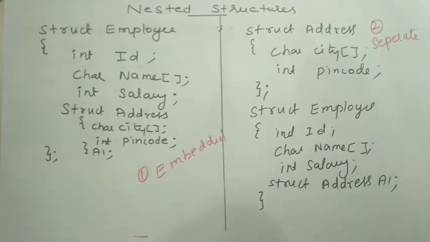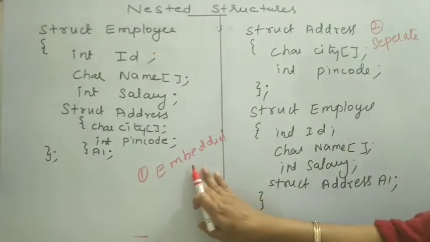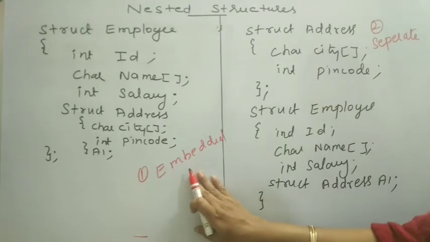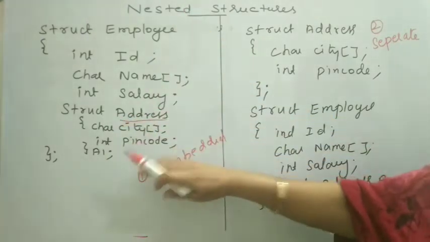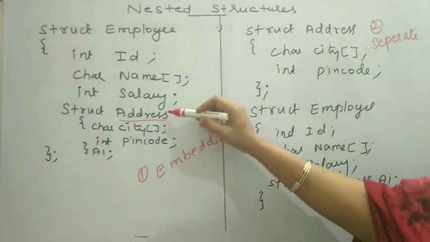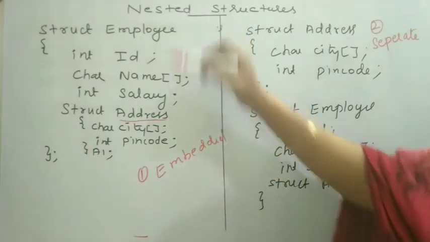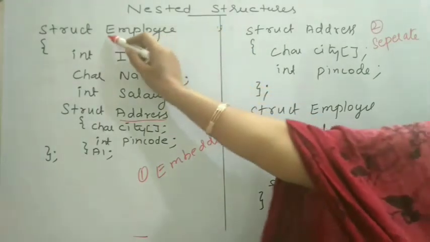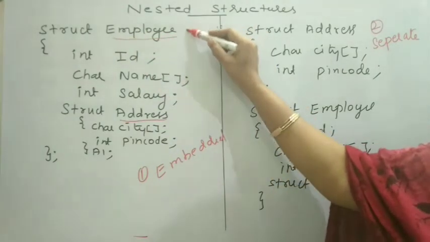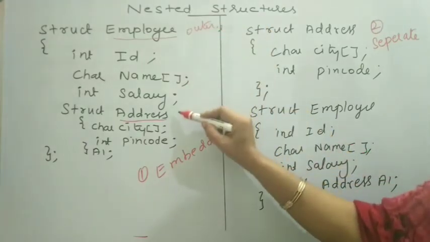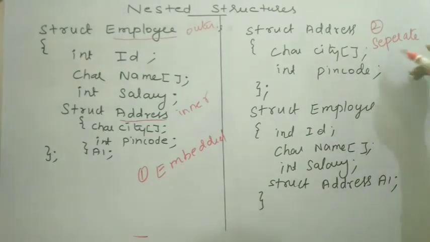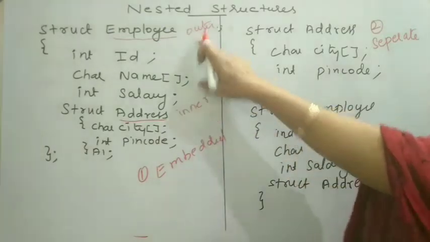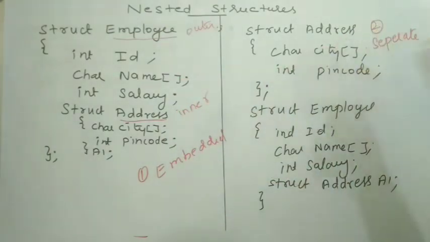What is the difference between both methods? In the embedded structure method, the structure definition is included within another structure. We have defined the structure address within the definition of another structure, that is employee. So employee is my outer structure and address is my inner structure. If I use the separate structure method, the inner structure which is included within employee is defined outside.